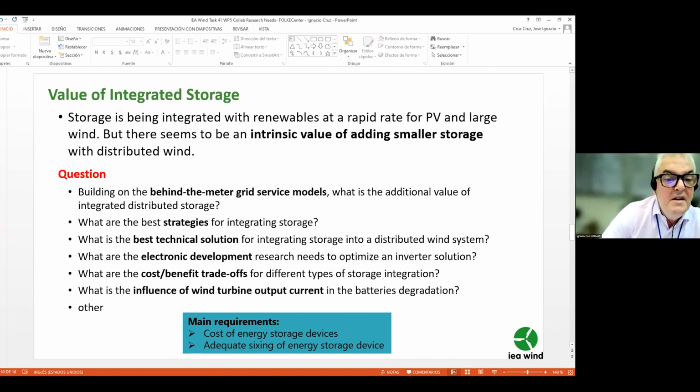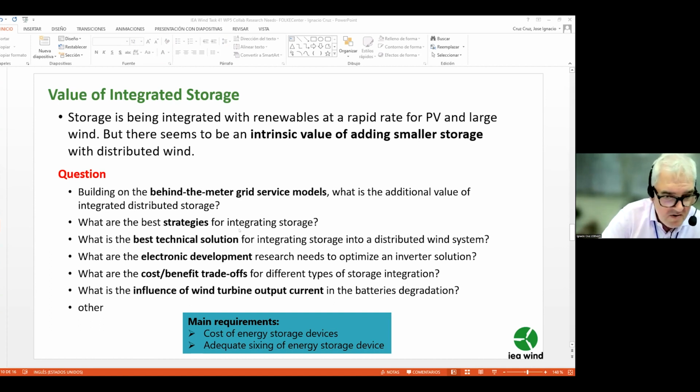Value of the integrated storage. Storage is interesting, also to offer the energy produced by the distributed wind system in the best period of time, the high cost period, but the cost of the solution and the integration matter.